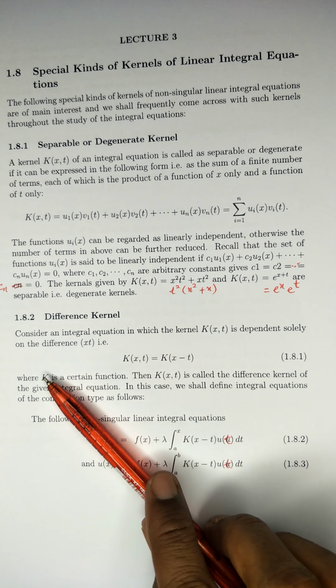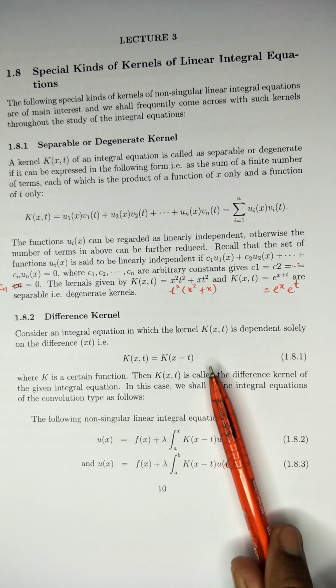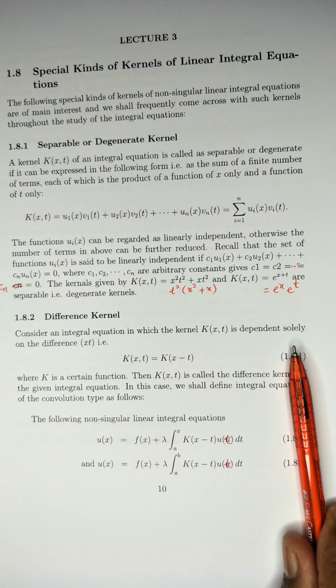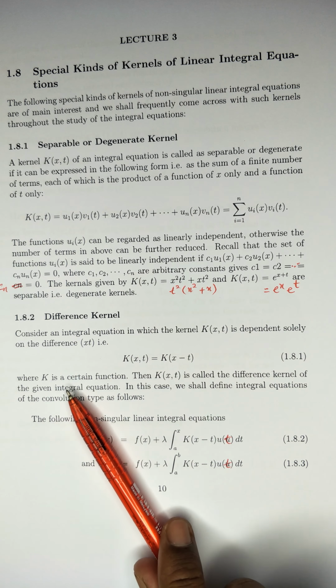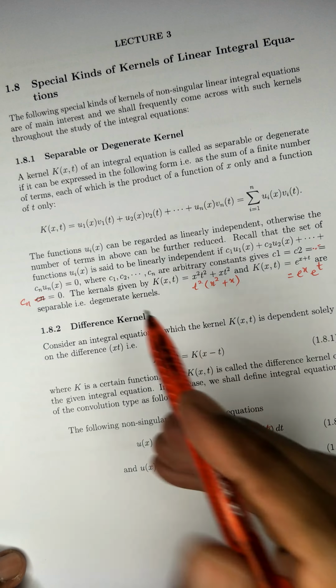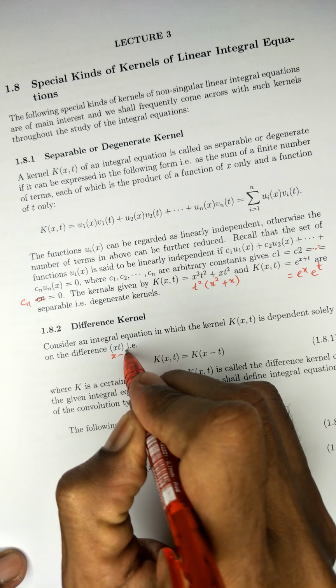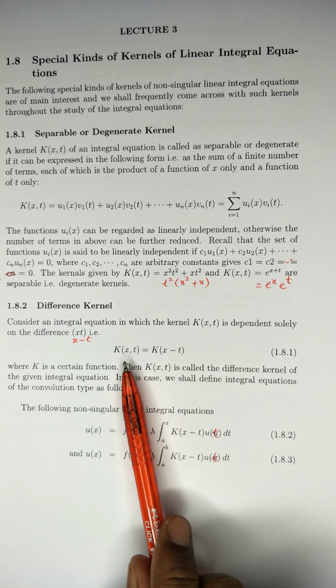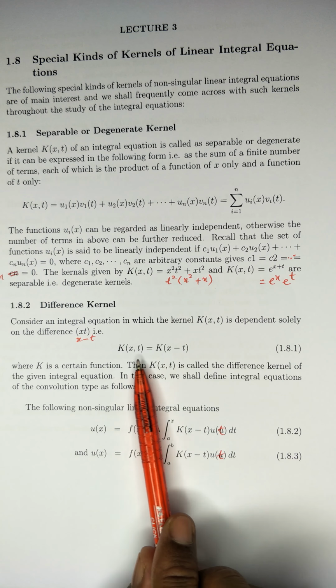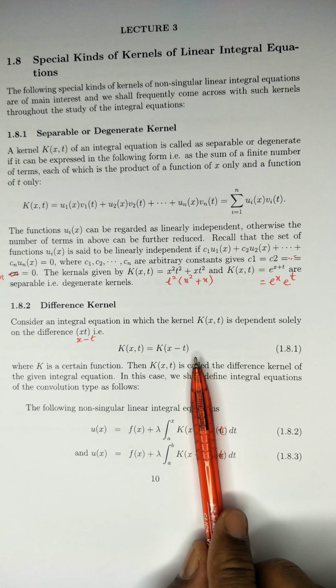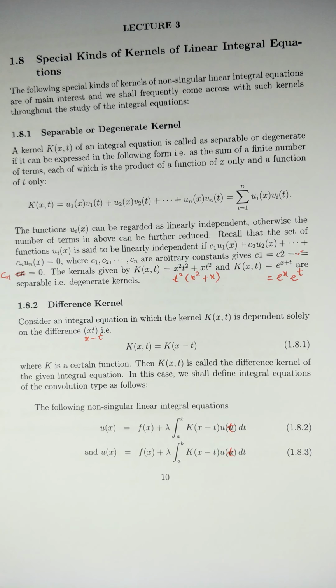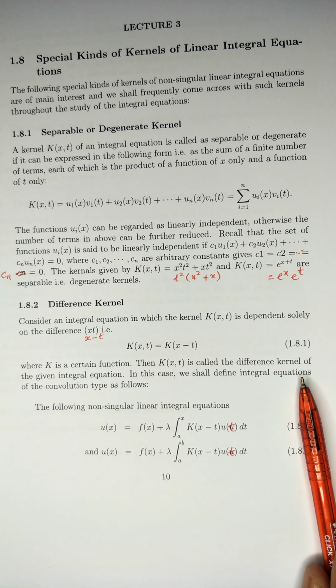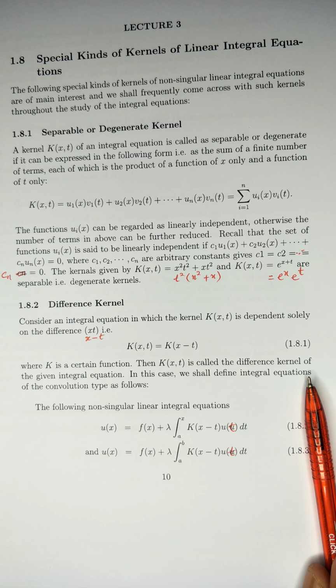So, difference kernel: consider an integral equation in which the kernel k depends solely on the difference x minus t. That is, k(x,t) is k(x minus t), where k is a certain function. Then k is called the difference kernel of the given integral equation.